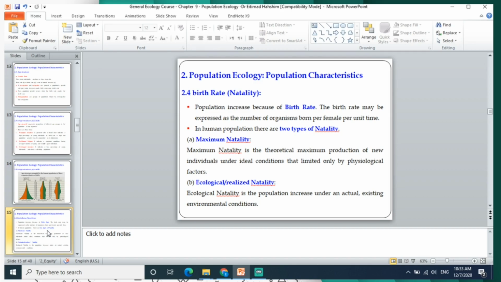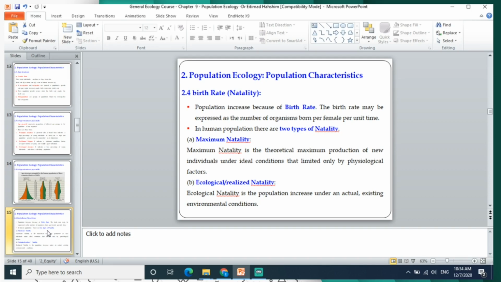In human population, there are two types of natality: maximum natality and ecological or realized natality. The maximum natality is the theoretical maximum production of new individuals under ideal conditions, limited only by physiological factors, just like an absolute birth rate.